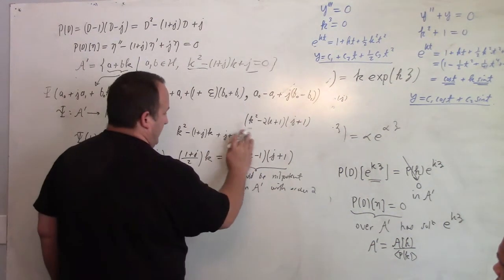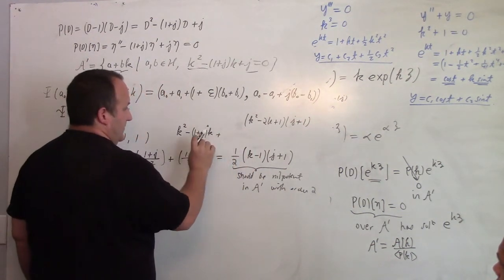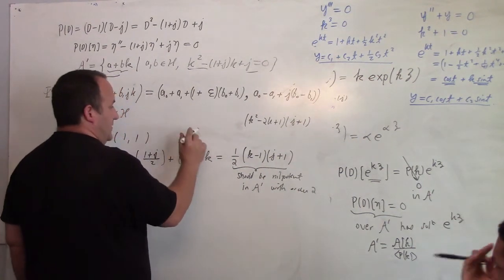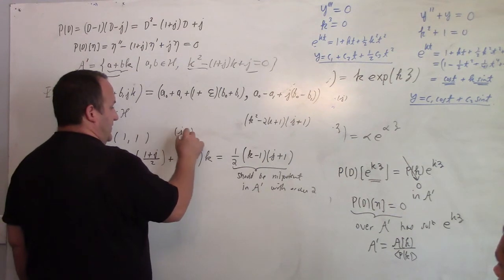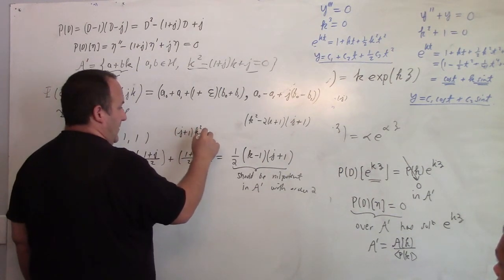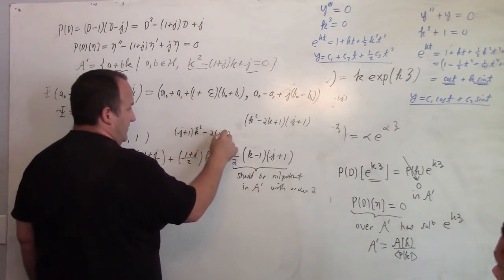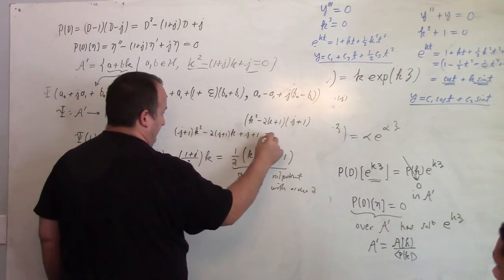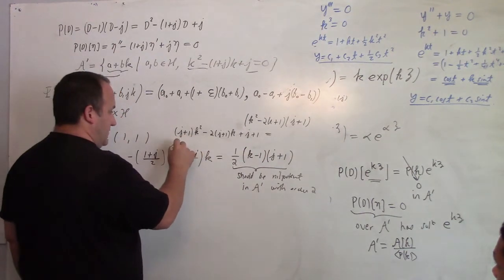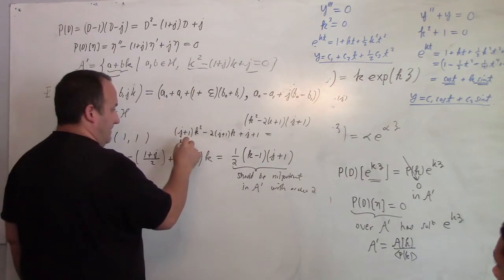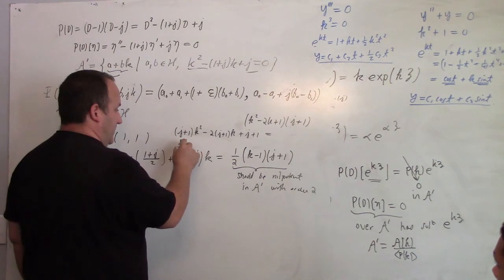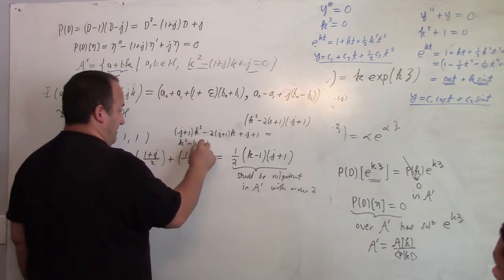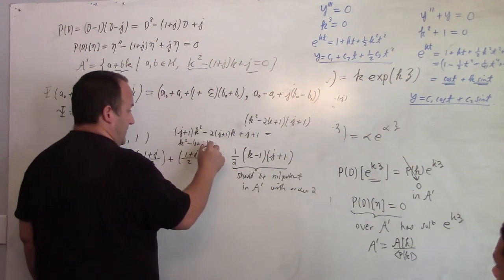Sorry, let me write this a slightly different way. So I have j plus 1 as a number. You can't distribute that, right? Well, j plus 1 k squared, minus 2 times j plus 1 k plus j plus j plus 1. So I get k squared, minus 1 plus j times k, plus j.